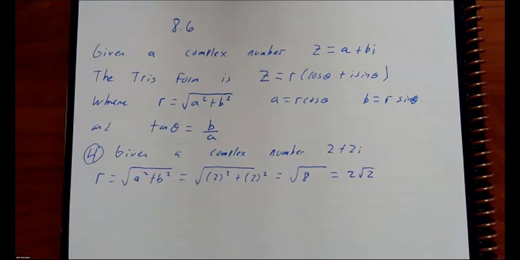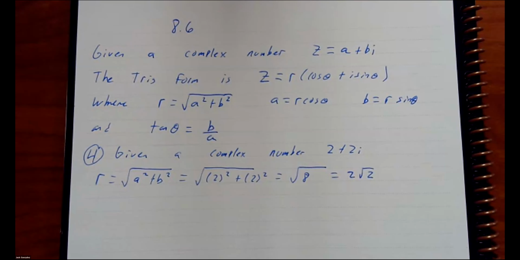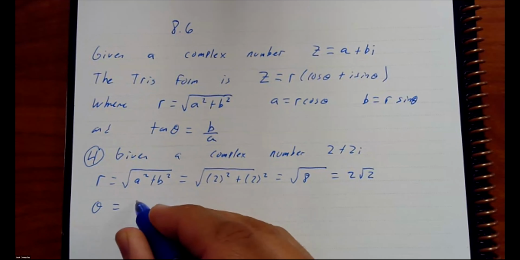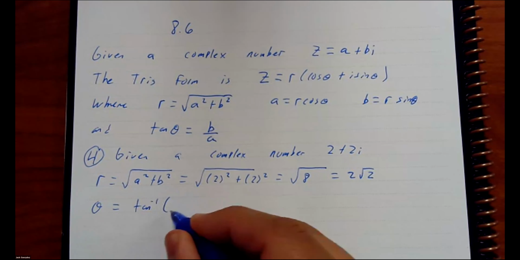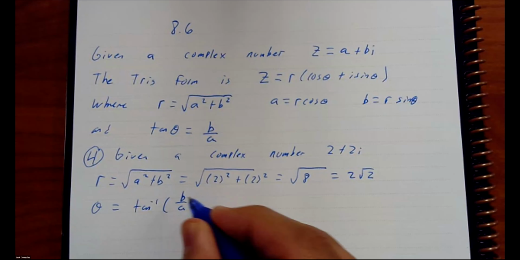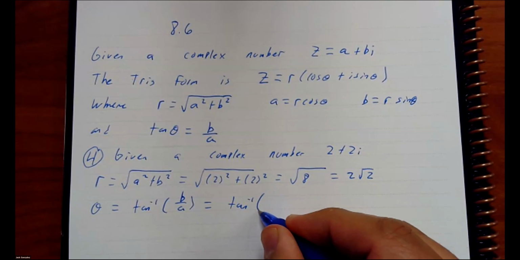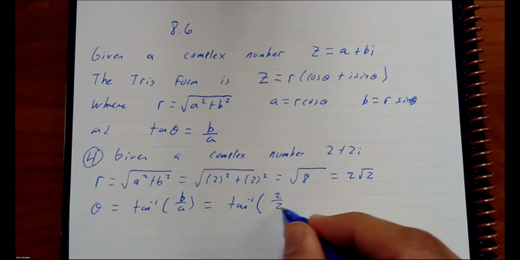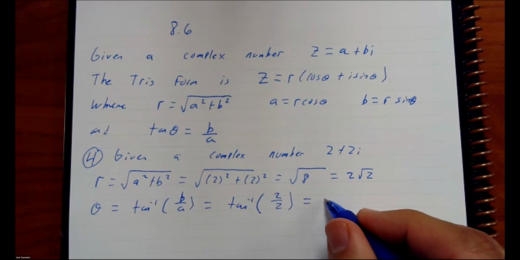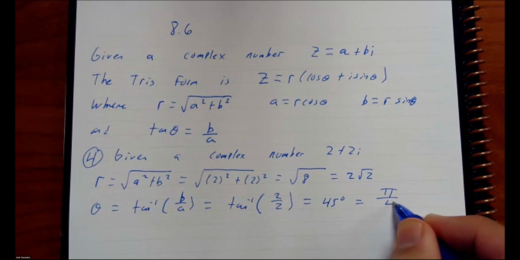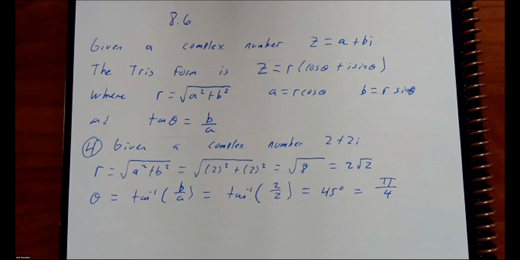Right? Okay, so then theta, we need this guy. Theta would be equal to tangent inverse of b over a. So that'll be tangent inverse of 2 over 2, which is 45 degrees, or pi over 4. Which you can kind of see when we graphed it. It was right in the middle.